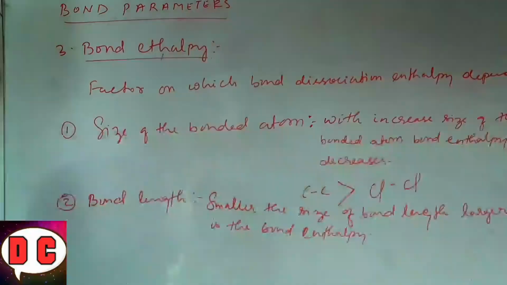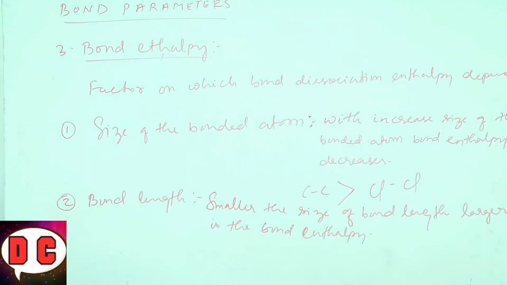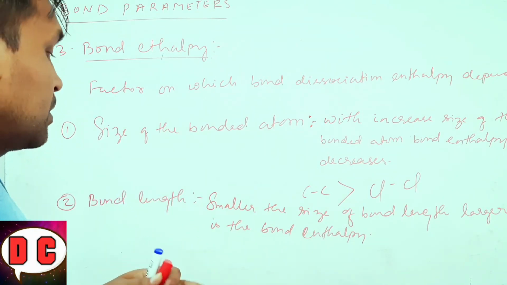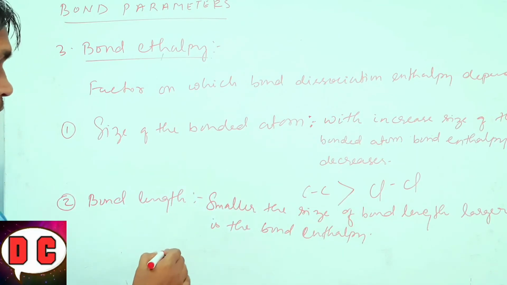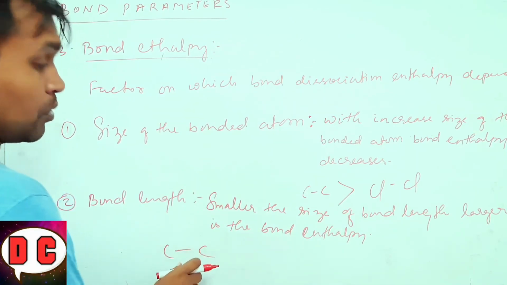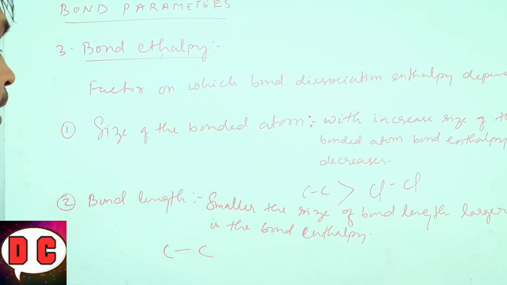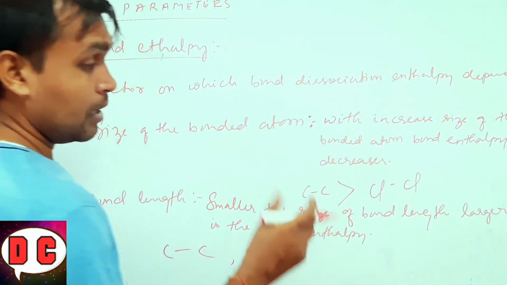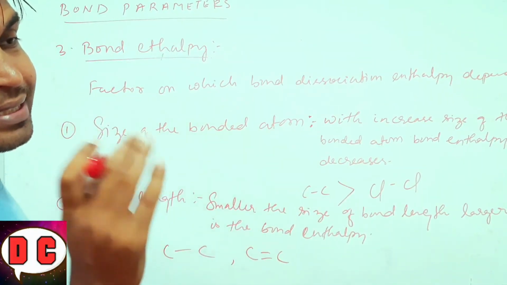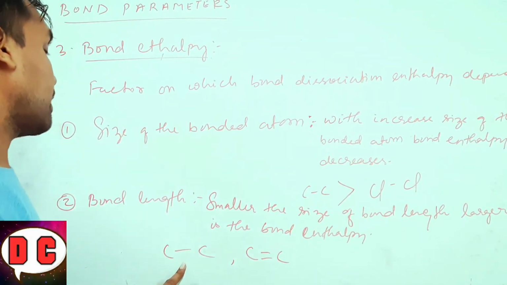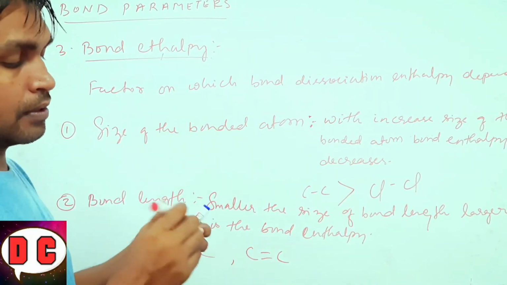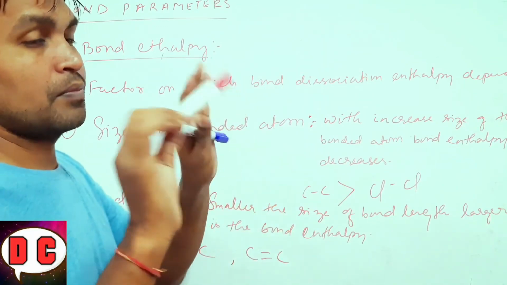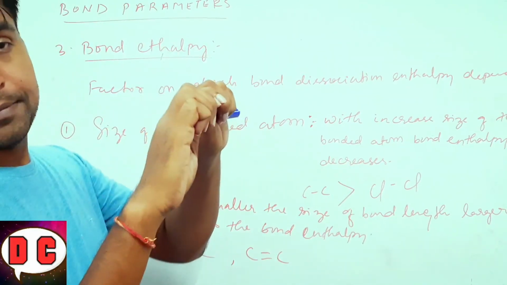So this one, let us try to understand in this way. See, suppose one is a carbon carbon single bond, so here the bond length will be big, and as I have already told you, with the increase in number of bonds, the bond length decreases. I'm giving you one example: if you are given a stick, you will easily break it.